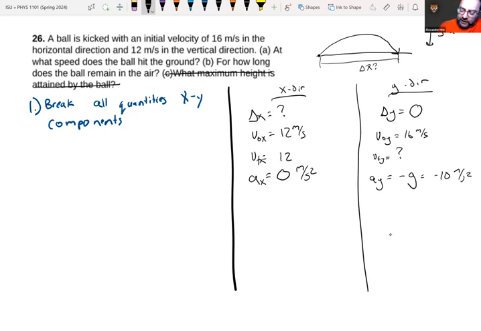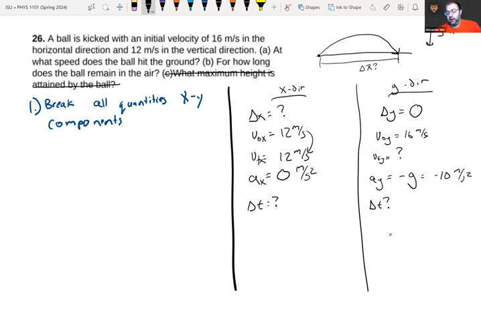So in the x direction, and anytime you have 0 acceleration, not squared, your V final is just going to be equal to your V initial. That is true for 0 acceleration. And delta t is something we're looking for, and delta x is something we're looking for.